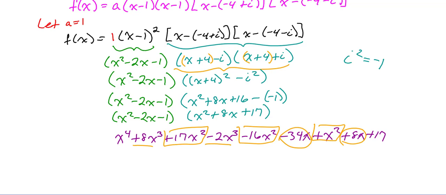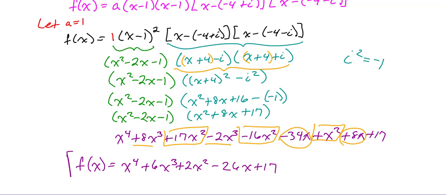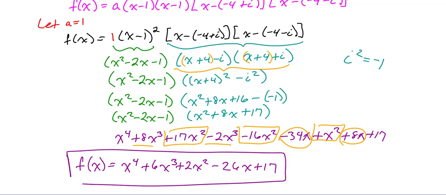And this all simplifies into f of x equals x to the 4th plus 6x cubed plus 2x squared minus 26x plus 17. And that would be our polynomial written completely out.